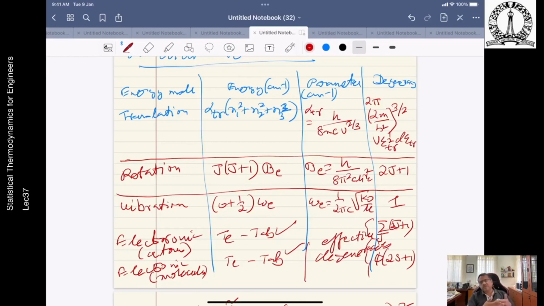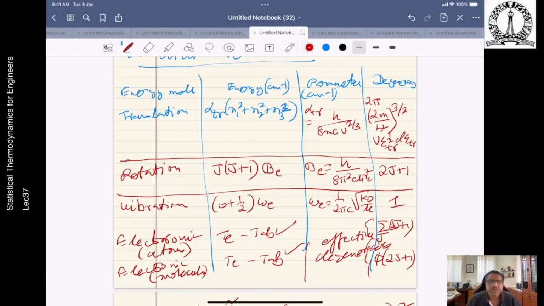We also have tabulations for the electronic energies of atoms and molecules. For atoms, the required degeneracy is evaluated by summing over the multiplet caused by the different J values, whereas for molecules, we have what is caused by spin splitting.